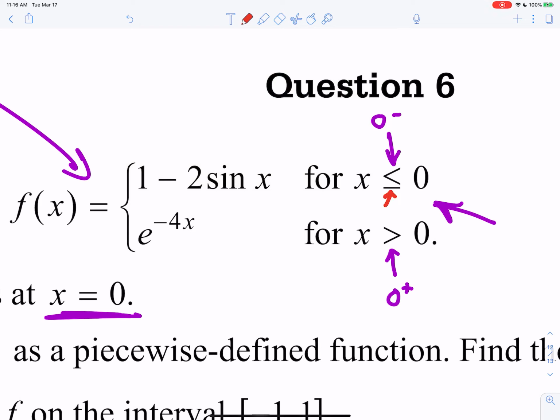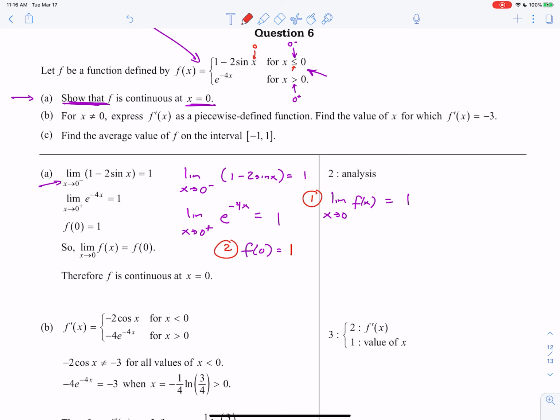So I proved the first condition, the second condition, now the third one: the limit of f of x as x approaches 0. Does it equal f of 0? In this case, it does. So we actually don't need to put that question mark, okay? Therefore, f is continuous at x equals 0.